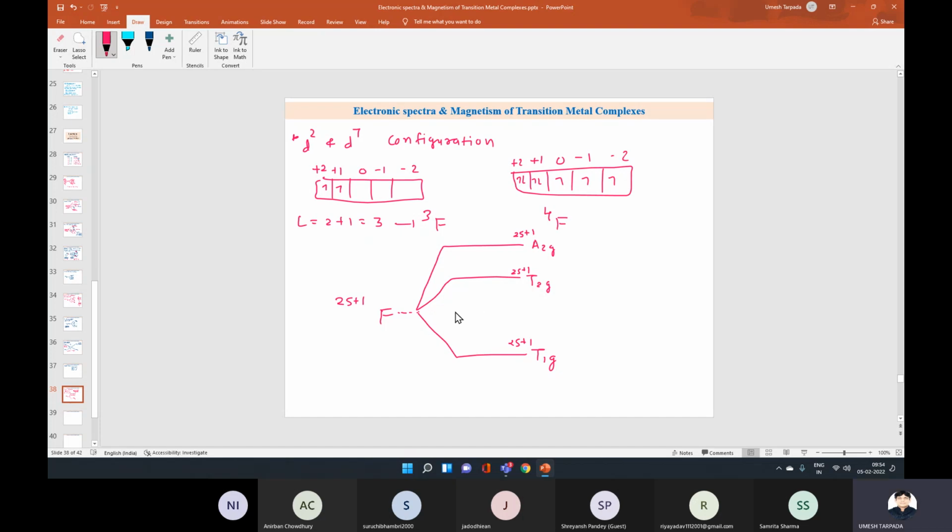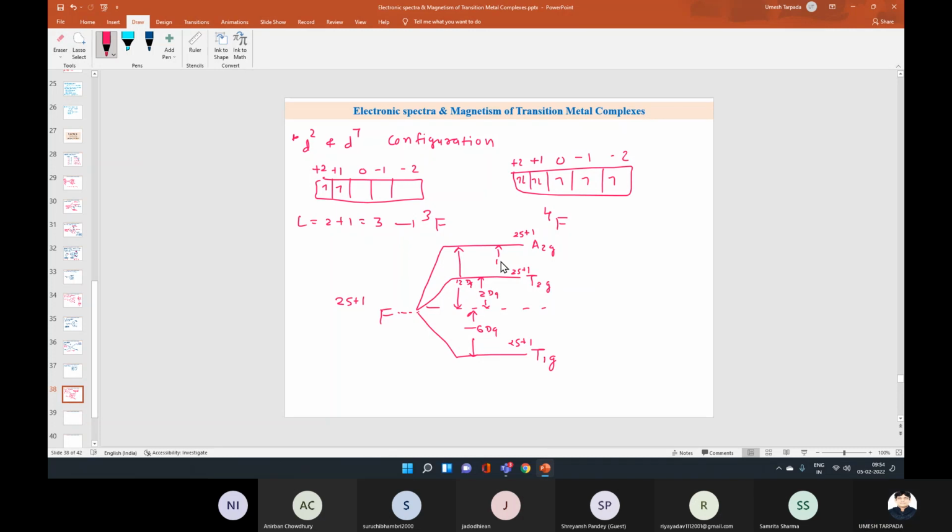Okay, so this is the possible transition. This is very center, so this is minus 6 Dq. This is 2 Dq, and this is 10 Dq. 12 Dq. Of course, this distance is 10 Dq.